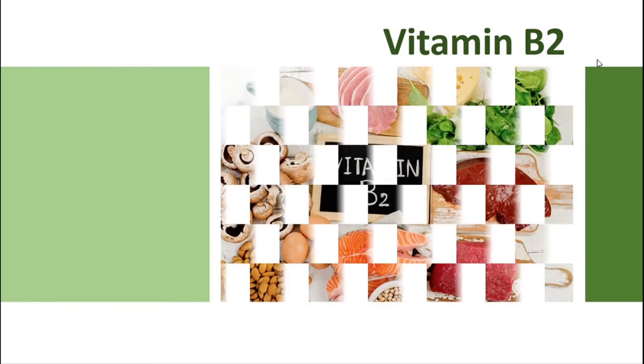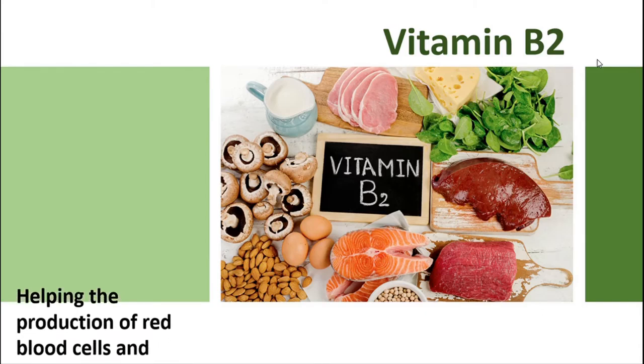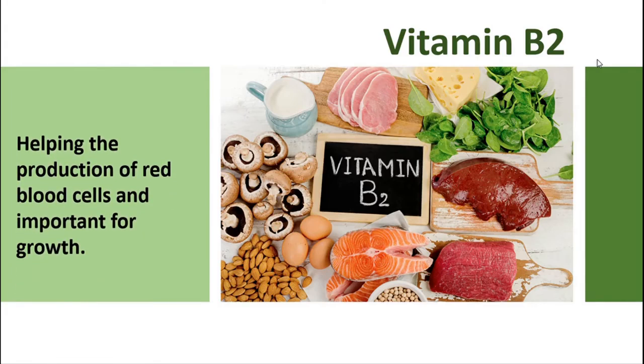Next, vitamin B2. Your body can get vitamin B2 from meat, fish, eggs, nuts, and seeds. Vitamin B2 can help the production of red blood cells and is very important for growth.